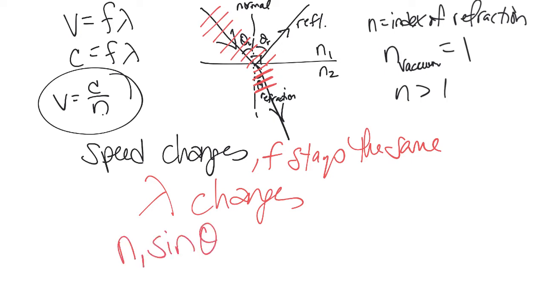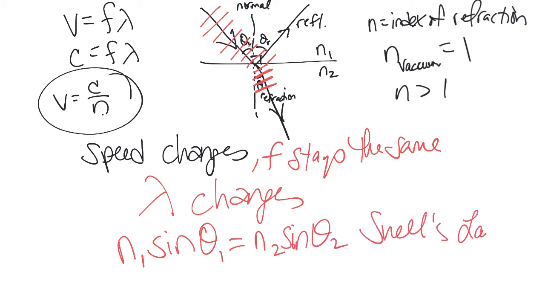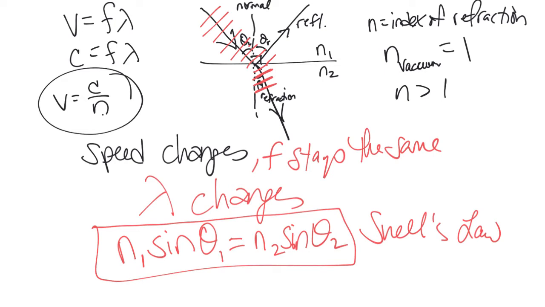The relationship between these angles and the indices of refraction is called Snell's law. That definitely comes up sometimes. This bending of light is called refraction.